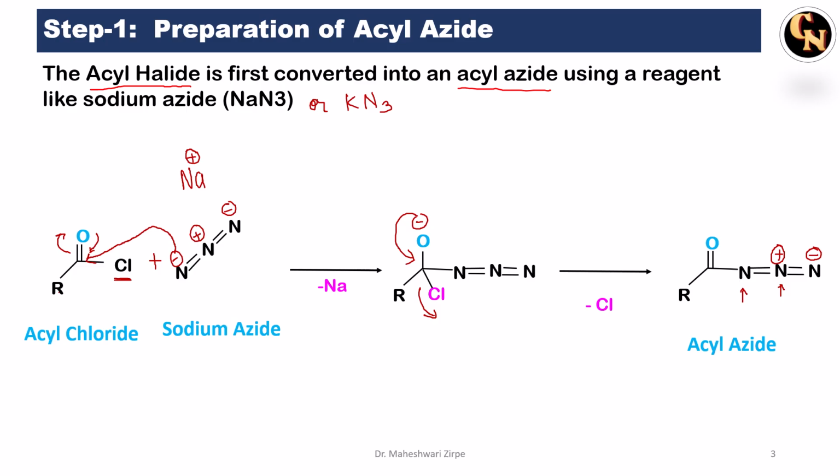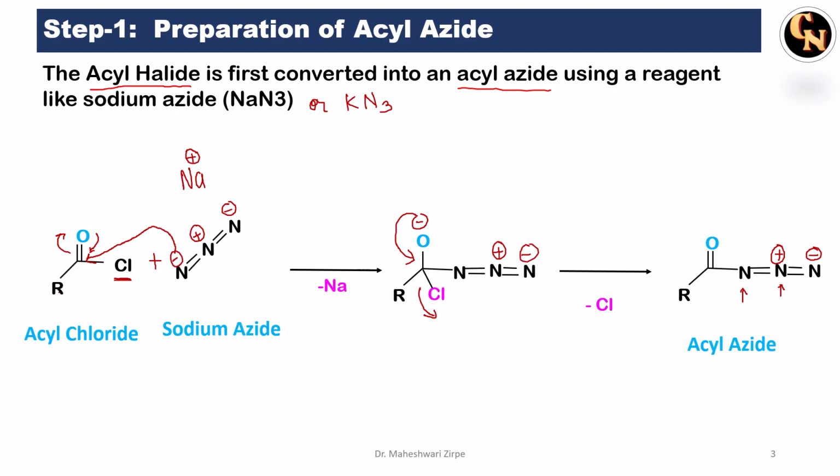So this nitrogen which is connected with the carbonyl group will not carry any charge, whereas the center nitrogen carries positive and the terminal nitrogen will carry negative charge. Okay, similarly here you can show. So this way acyl azide we have prepared.